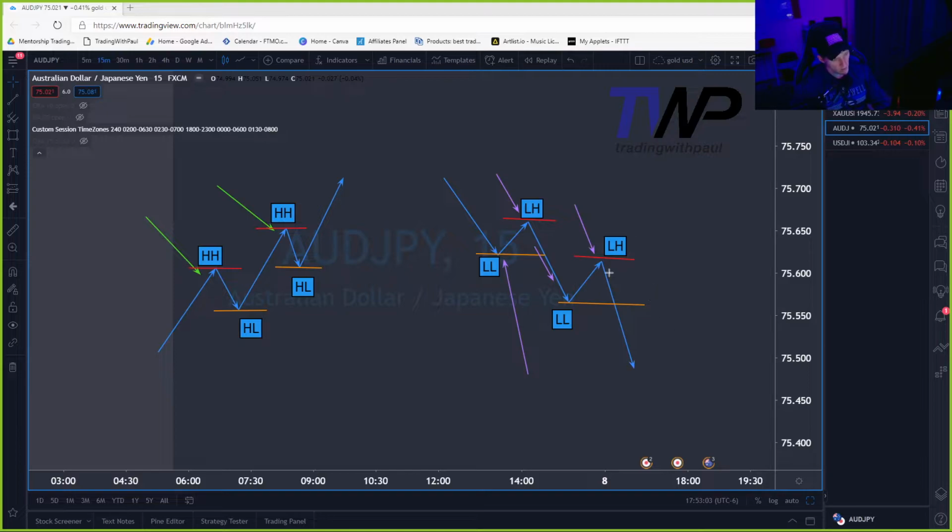But resistance is respected, support continues to get broken, and this should stay and follow suit until we either range or we start to try and push into an uptrend. So you'll notice this, when price kept coming down, it never returned and broke the previous lower high or resistance, which is the same thing for the uptrend.